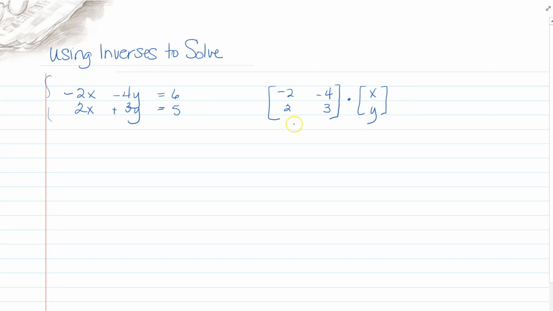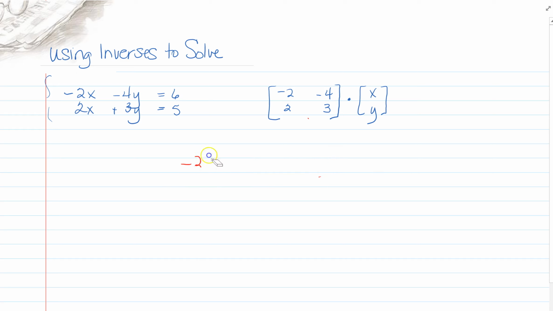Now I know that you're saying, whoa, this is your x column, this is your y. Isn't this wrong? No, just think about it. If I were to multiply -2, -4, 2, 3 by x, y, I'd get -2x minus 4y, 2x plus 3y, if I use that little matrix multiplication thing.